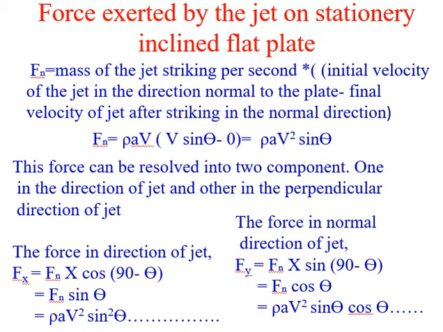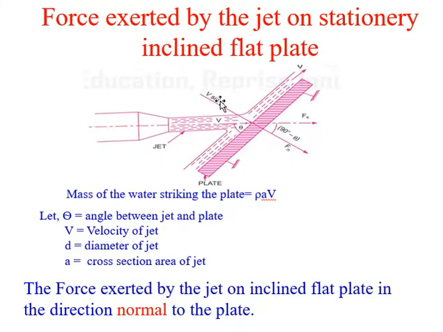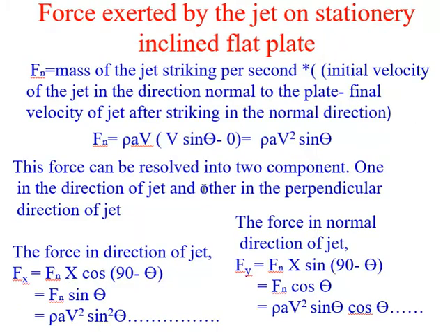This is the initial velocity, v sin theta. The final velocity of the jet after striking in the normal direction is 0, because after striking the plate the velocity is 0. Therefore Fn is equal to rho a v into (v sin theta minus 0). Finally, Fn is equal to rho a v square sin theta.